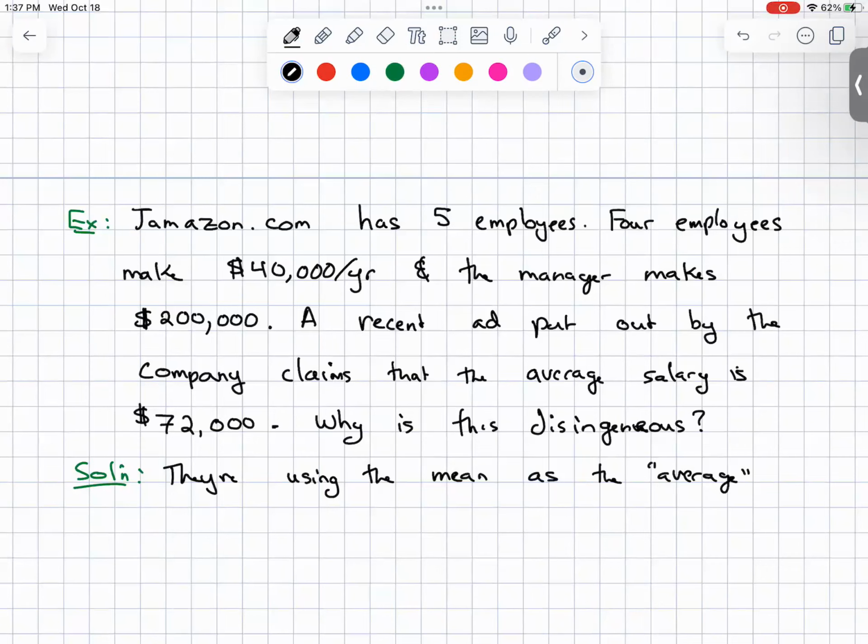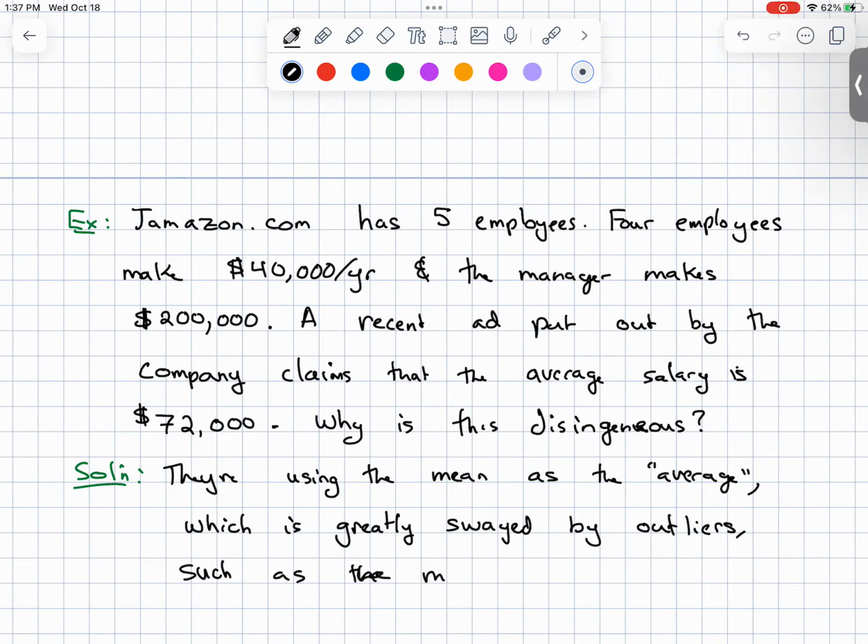So they're using the mean as the average, which is greatly swayed by outliers, such as the manager's $200,000 salary.